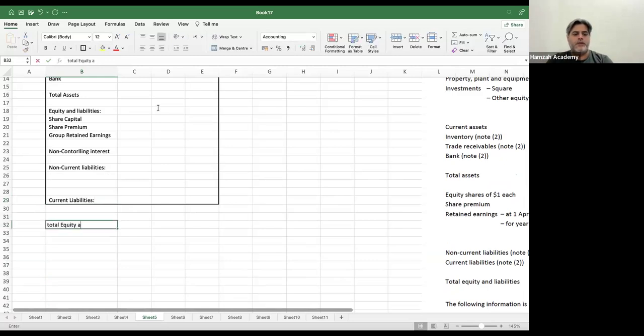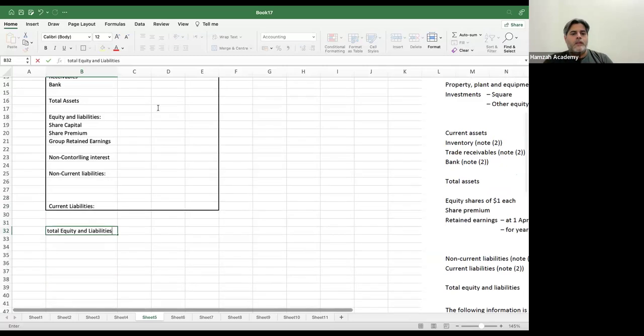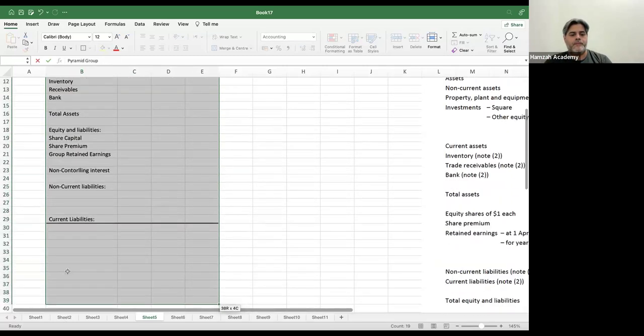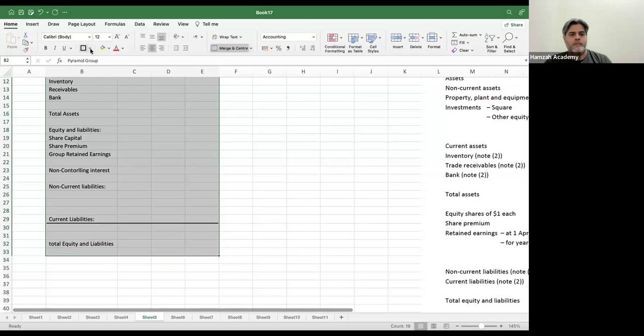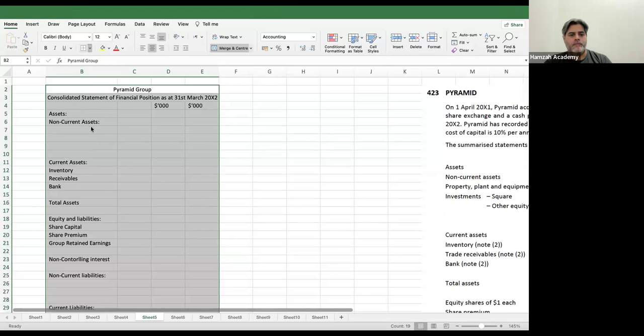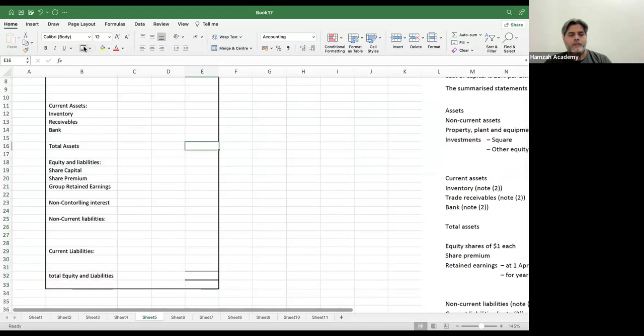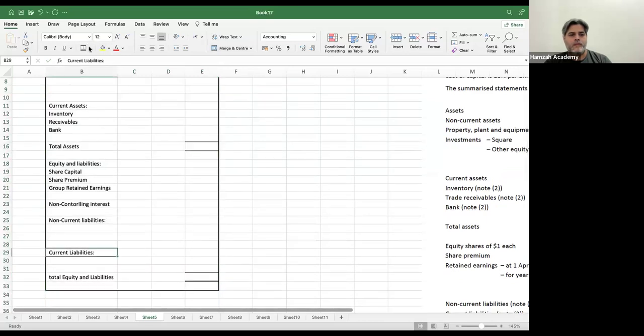Then we have total equity and liabilities over here. Okay. Underline.